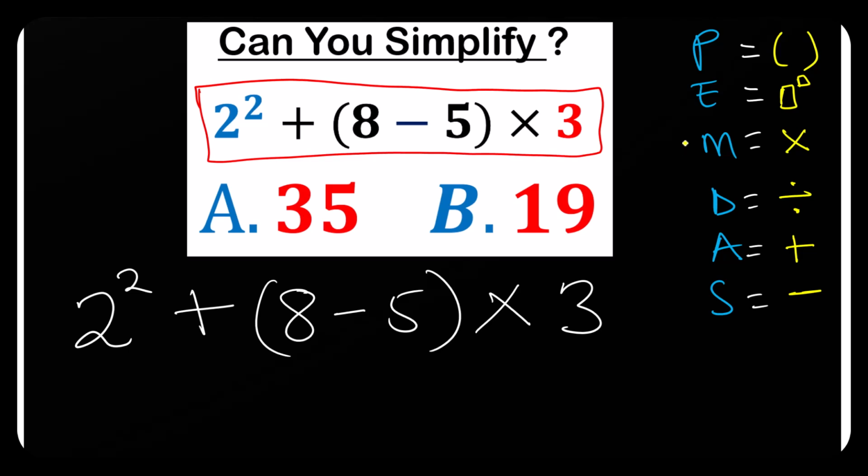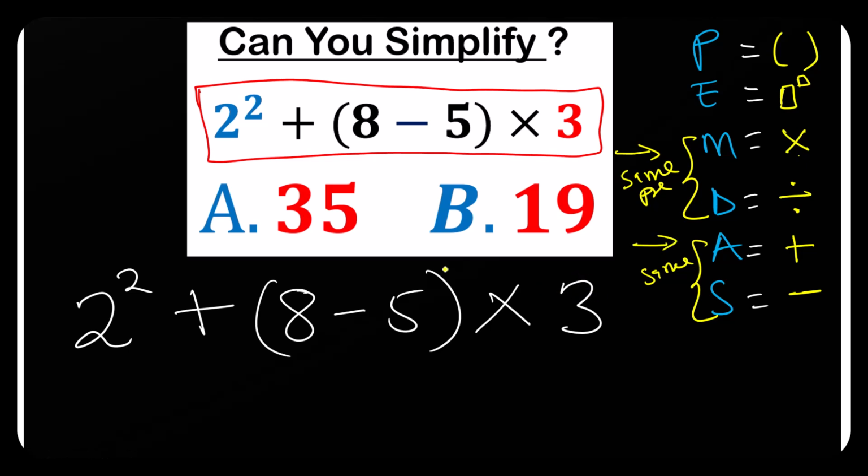Multiplication and division we call the same precedence, and addition and subtraction the same precedence. It means multiplication and division at the same time, we call them same precedence, and we have to start from the left. Likewise, addition and subtraction, we have to start from the left.